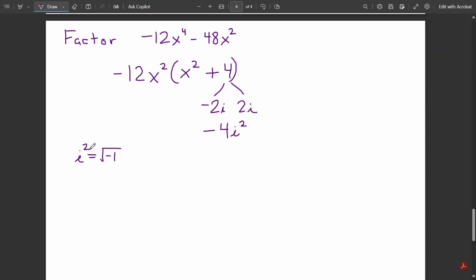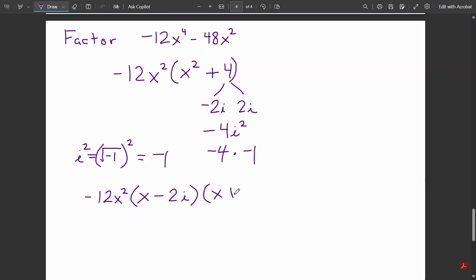When you square that, squaring a square root undoes the square root, so we just are left with negative 1. So we're left with negative 4 times negative 1, which is our positive 4. So long story short, we can factor this to negative 12x squared times x minus 2i times x plus 2i.